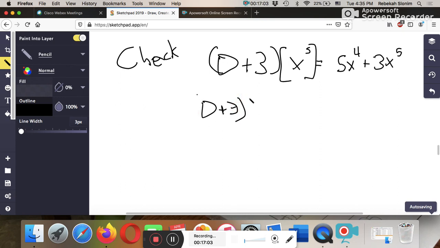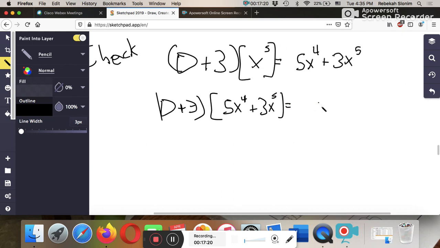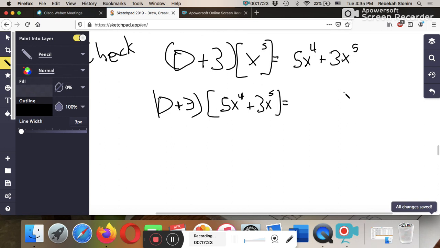We'll go do that. D plus 3 applied to 5x to the fourth plus 3x to the fifth. What is that going to be? Well, let's see. That's going to give us 20x cubed, right? Because I just differentiate the first thing. 20x cubed plus, and then 15x to the fourth.